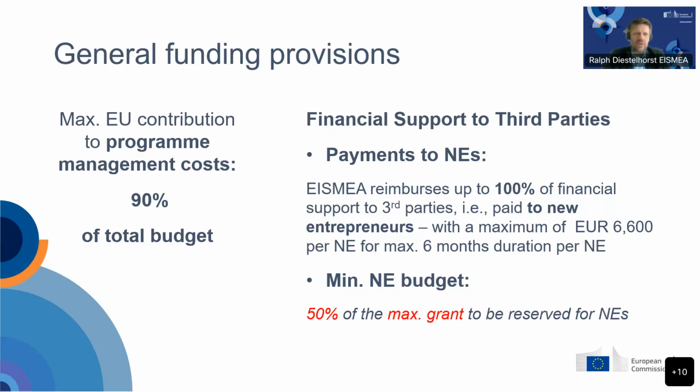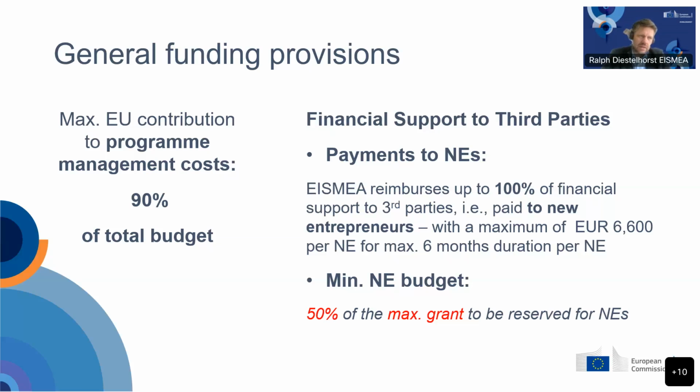And here we have, for the first time ever, and for sure for the first time under the single market program, a co-financing rate of 90% of the total budget for program management costs. And we have an additional one, which are the payments to new entrepreneurs, which we reimburse with up to 100%.